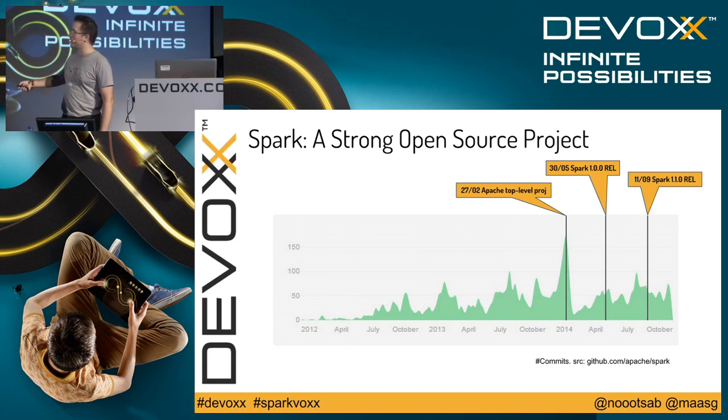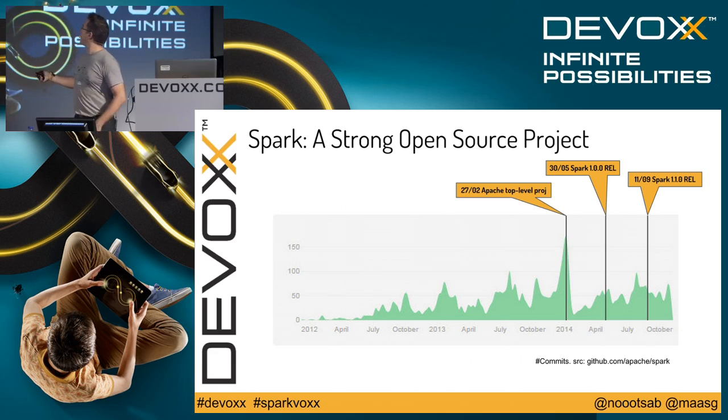Before that, in 2013, we had been using it since the beginning of 2013, I believe. It became a top-level project in February. We had the 1.0 release, which promises a lot of stability, although 0.9.1 was really good as well.